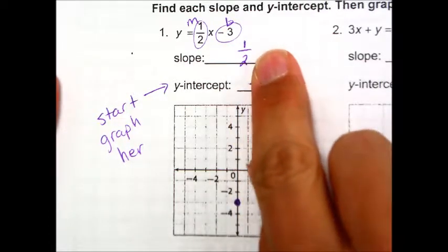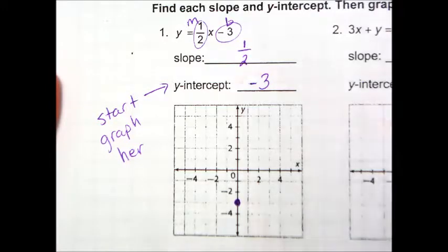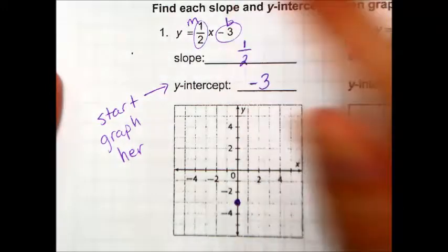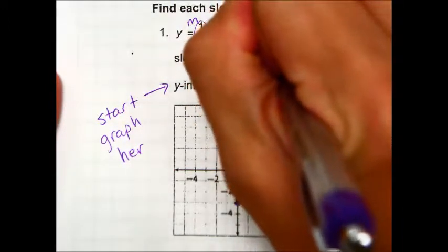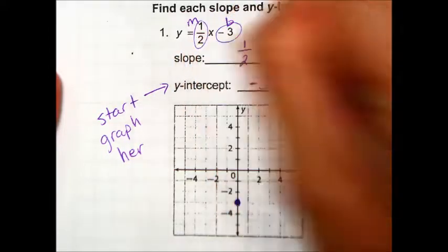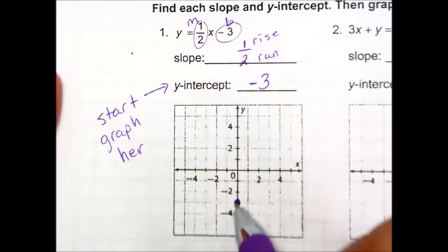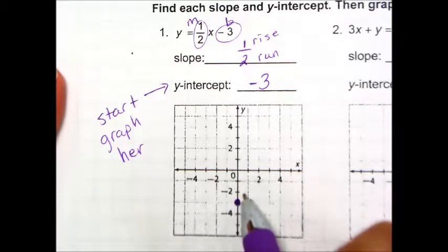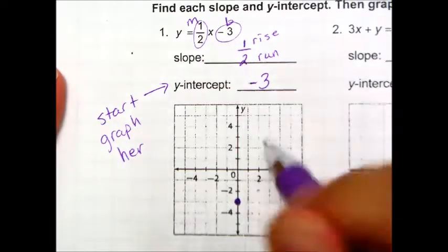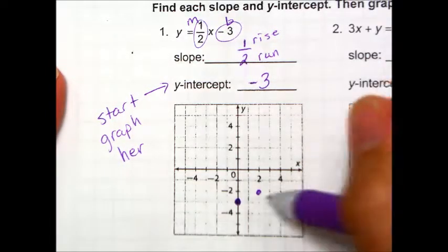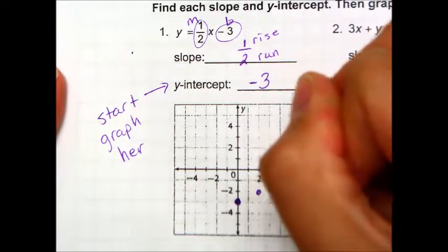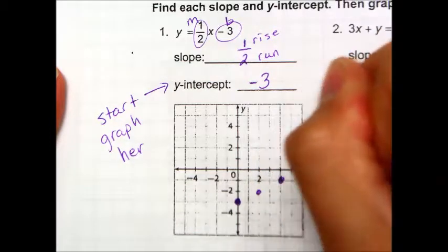And then your slope is how you're going to build more points onto your graph. We discussed in the last module that slope is rise over run. So from that point, you put your pencil on the y-intercept at -3, and we're going to rise up 1 square, and run 2 squares. Rise 1 square, run 2 squares, and we can continue that on.